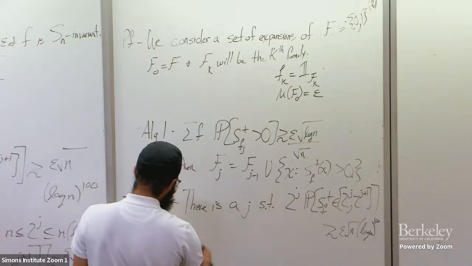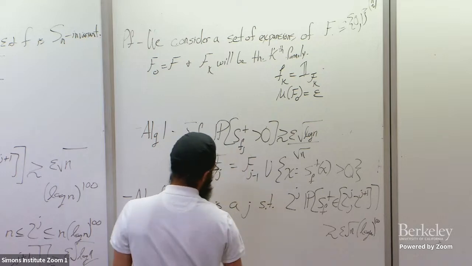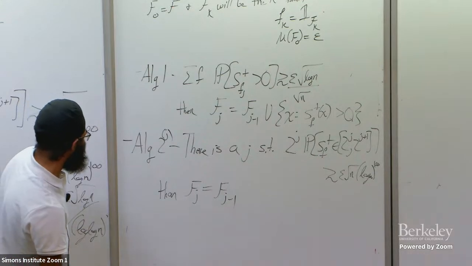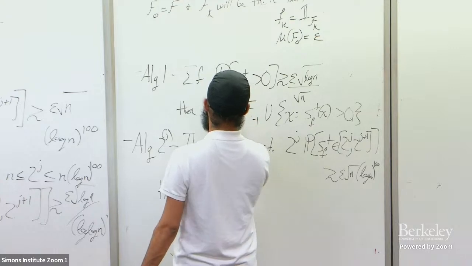Then you just define Fj in the obvious way. Once again, you just take the points x which exhibit this. Okay, sorry. Great.